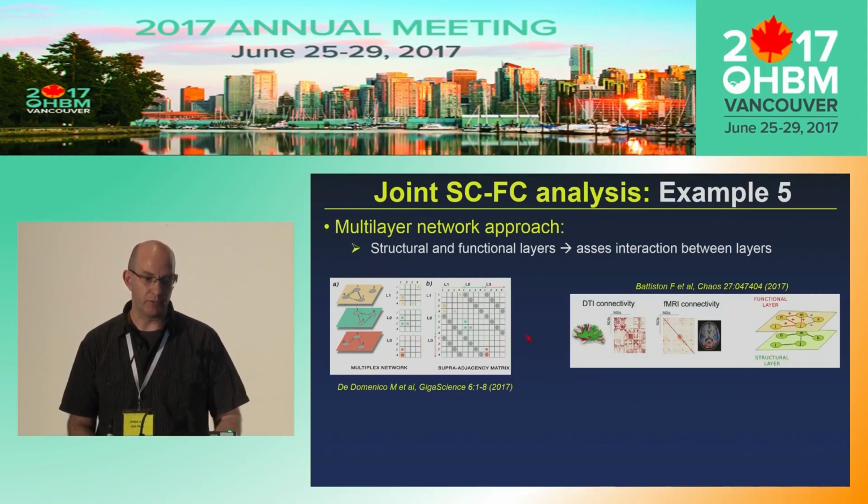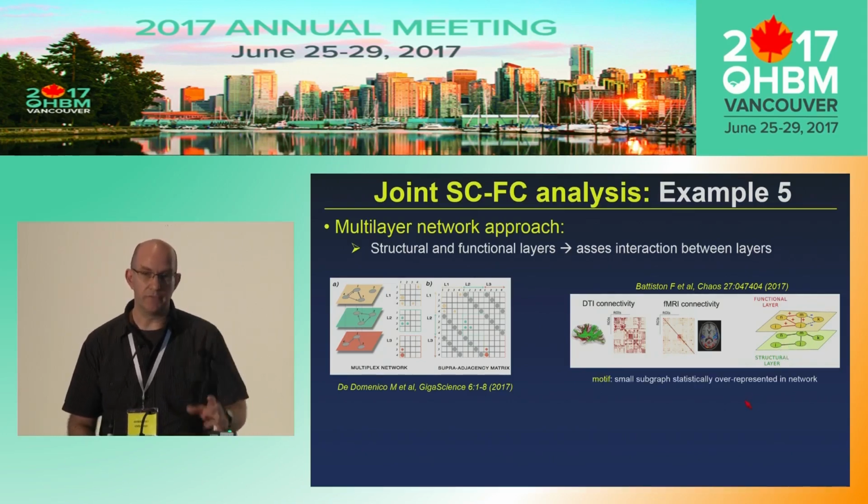So as I said, this is a very strong method to look at different modalities and then look at the interaction between the different modalities. A recent study, for example, that used this type of approach used diffusion, in this case DTI, for the structural connectivity, and BOLD data for the functional connectivity. They had 2 layers. For the functional connectivity you have 3 options: positive correlation, anti-correlation, or no link at all. For the structural layer, they had a binary approach, so a link was either present or absent.